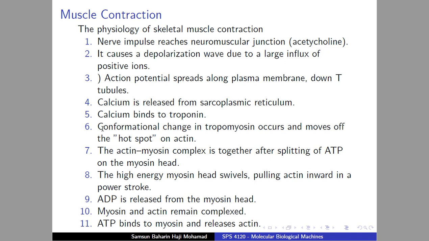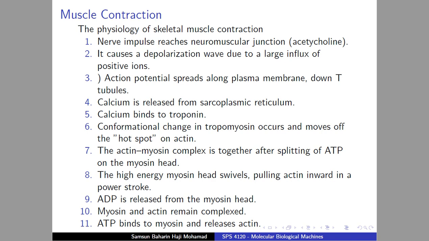Then it makes the conformation change in the tropomyosin and moves off the hotspot of actin. So the actin myosin complex forms after splitting of ATP on the myosin, and the high energy myosin head swivels, pulling actin inward in a power stroke, and ADP is released from the myosin head. Myosin and actin remain complexed. ATP binds to myosin and releases the actin.